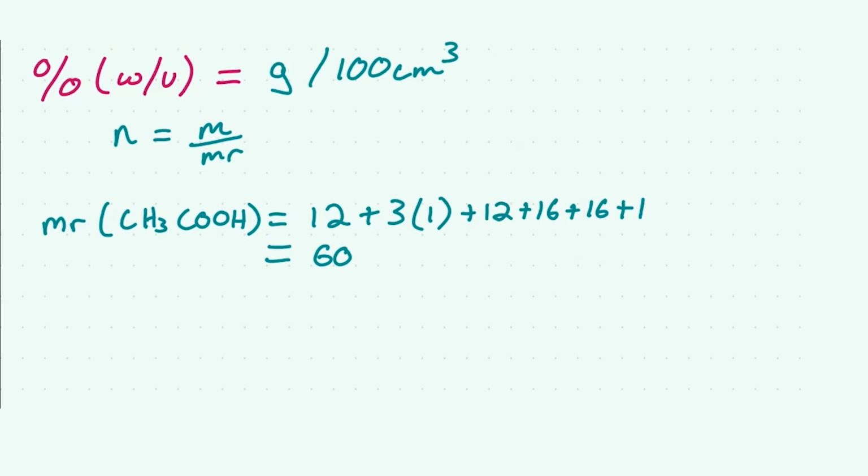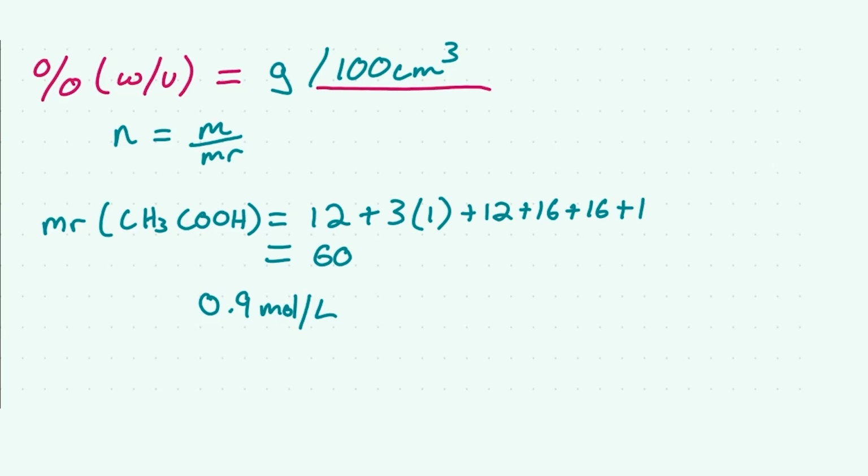Now the only other thing we need to work out to use this formula is our number of moles. We know that we have 0.9 moles per litre of ethanoic acid in our original solution. But in this question, we're looking for 100 centimetres cubed, since we're looking for a percentage of weight to volume.